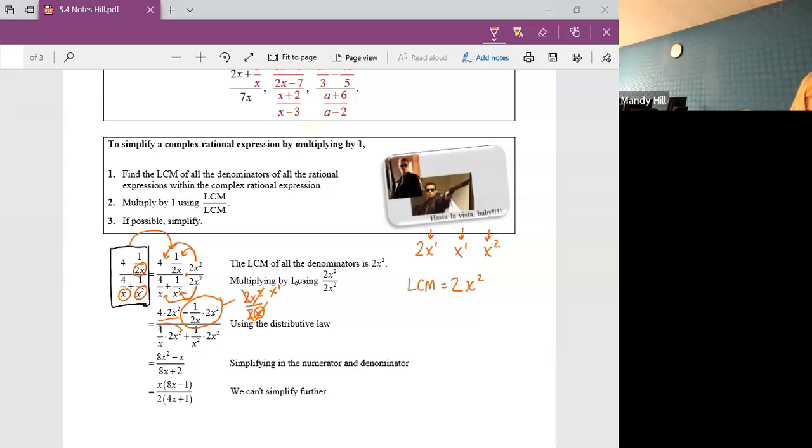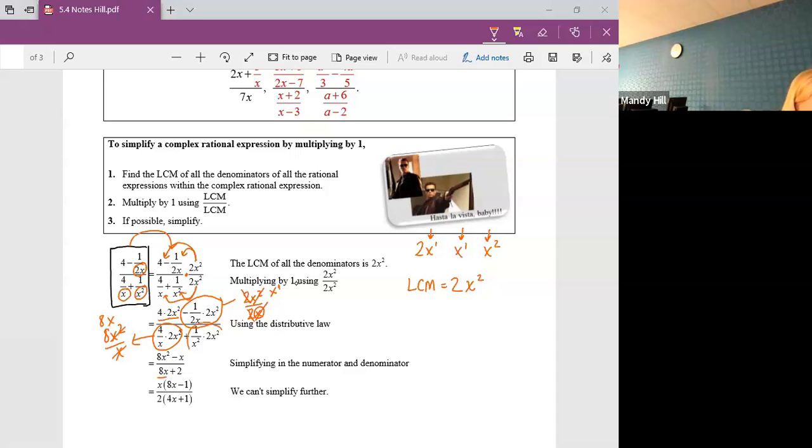When they multiplied these two together, they did 4 times 2x squared. Well, that was 8x squared. And then on the bottom, we just have x. Well, one of these x's, this is x to the first, will take away one of these x squared. So I would end up with just 8x, which is how they've gotten that answer.